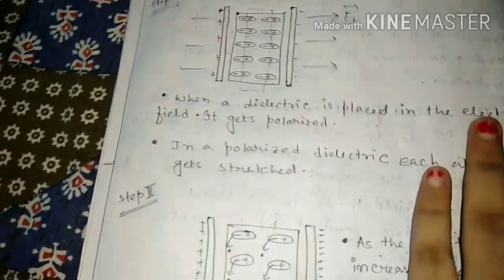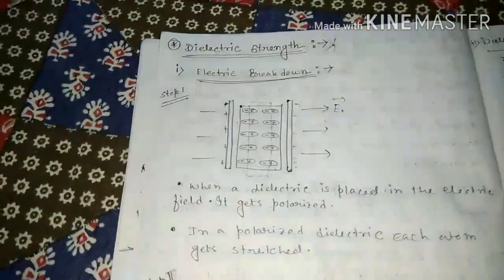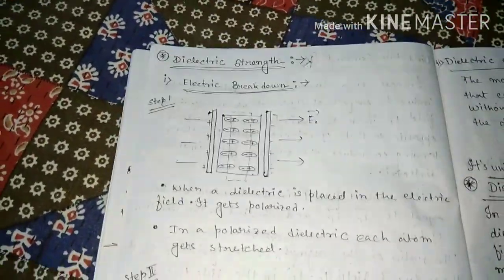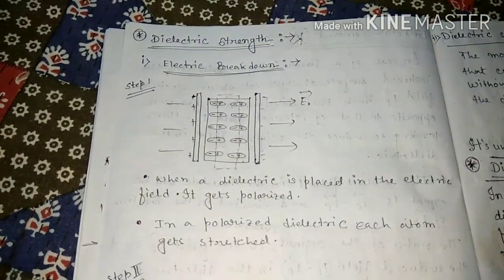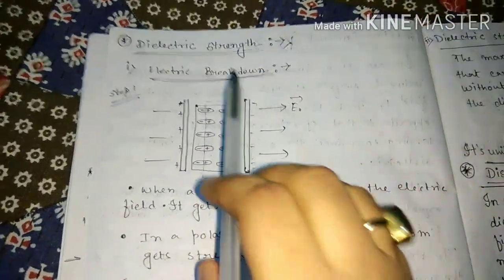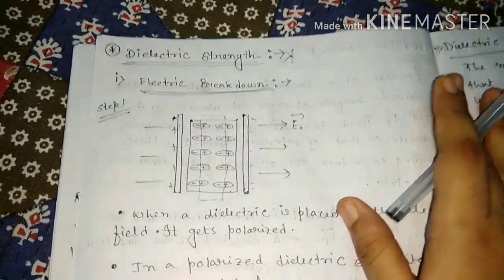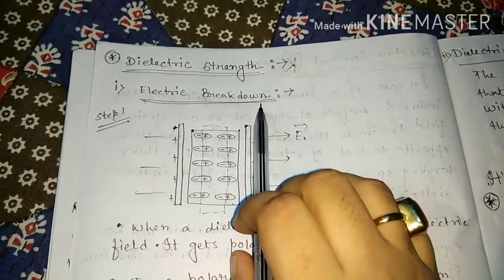Now, another important topic of this chapter is dielectric strength. Before we discuss dielectric strength, first we have to understand what we mean by electric breakdown. If you understand this, then you can understand dielectric strength also, because dielectric strength is related to electric breakdown.